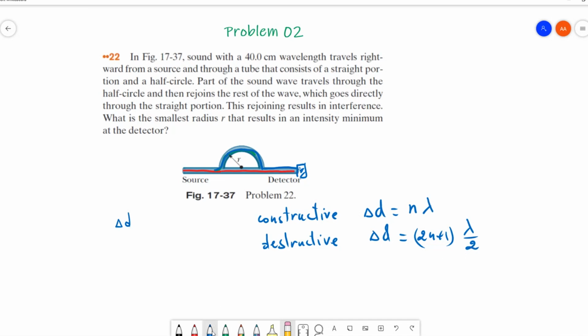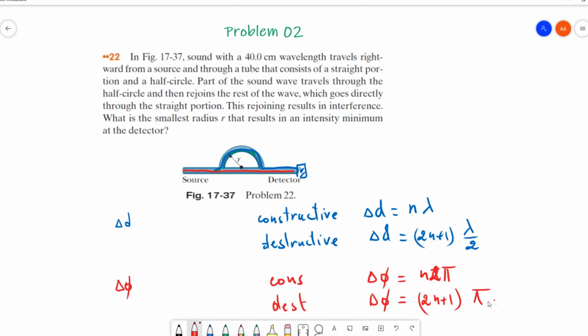The same way, if we are working with the phase, constructive if delta phi is equal to n times 2 pi, and destructive if delta phi is equal to (2n plus 1) multiplied by pi.